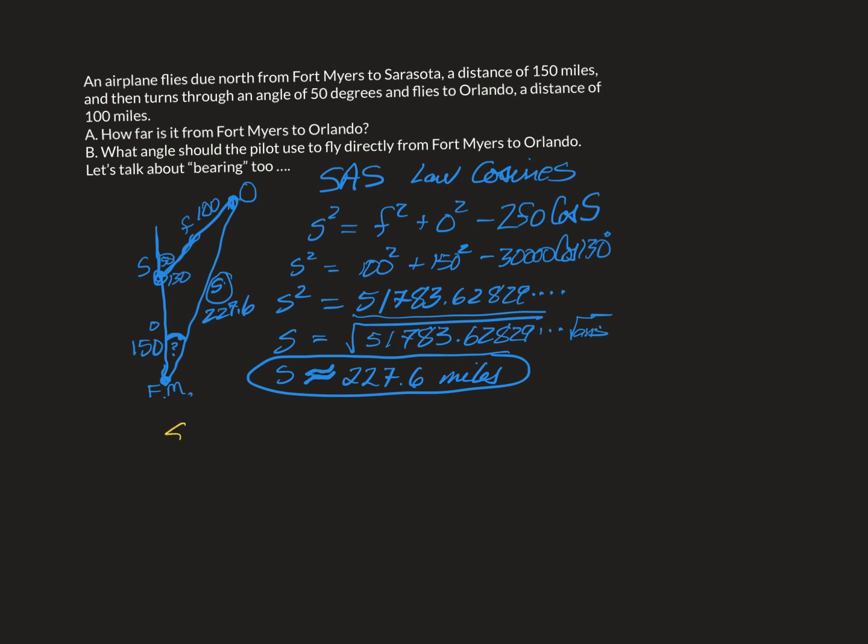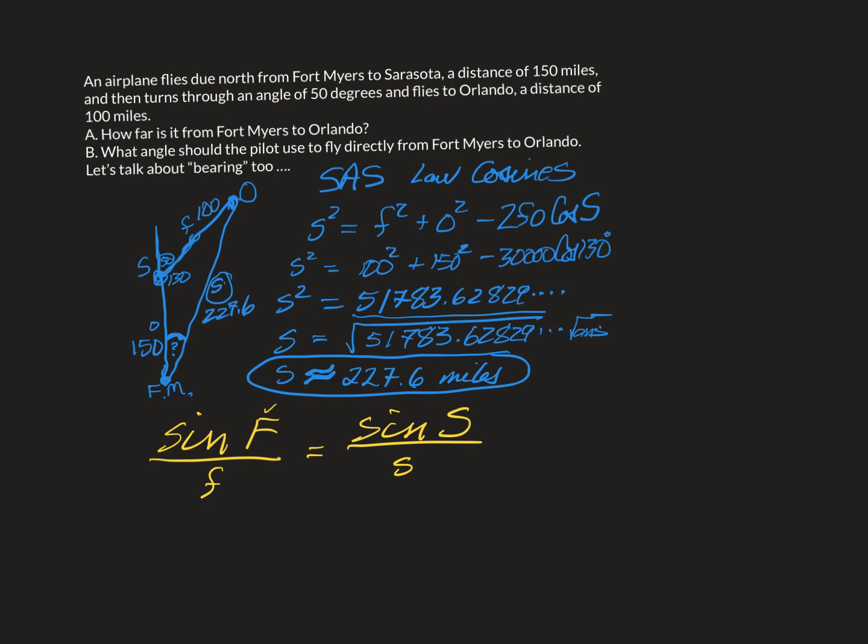So I'm going to take the sine of F over little f, and I want to find big F here, Fort Myers angle. And we'll take that times the other part of this, the sine of S over little s.